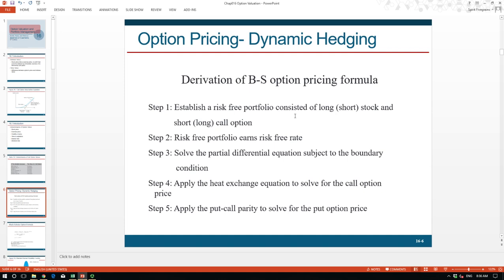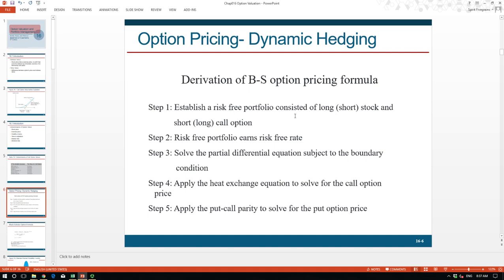And the real problem here is when you need to form this risk-free portfolio, you need to find the so-called hedge ratio. The hedge ratio is the ratio of the number of call options and the number of stocks in your portfolio, so that this portfolio can be established on a risk-free basis.